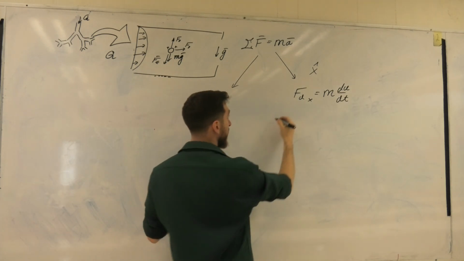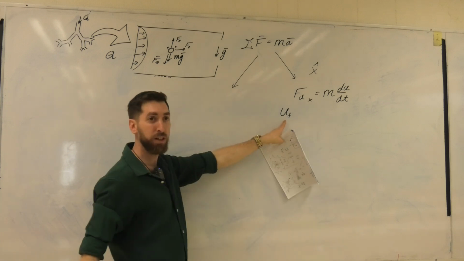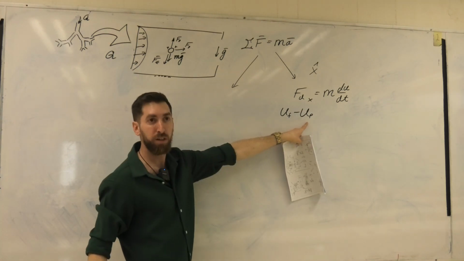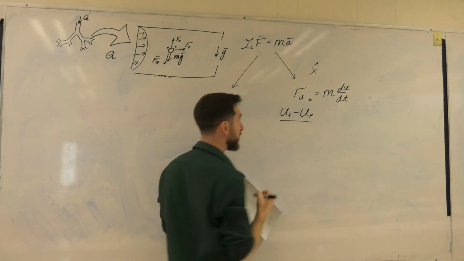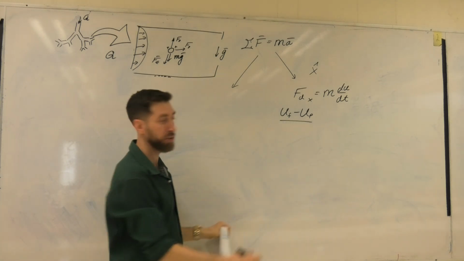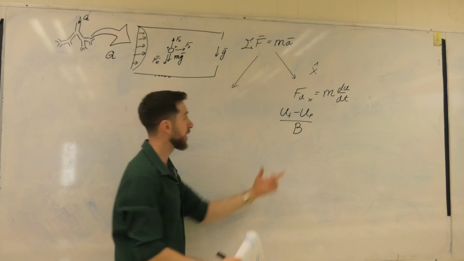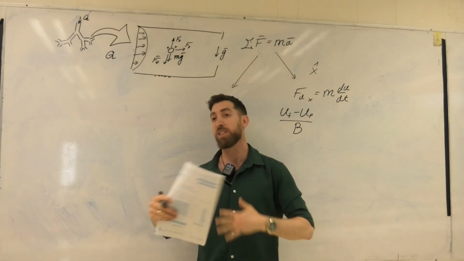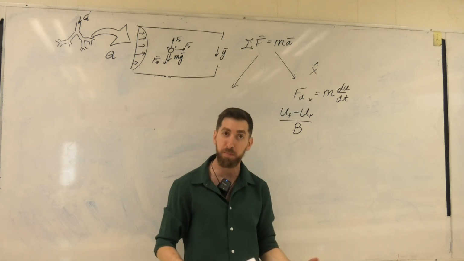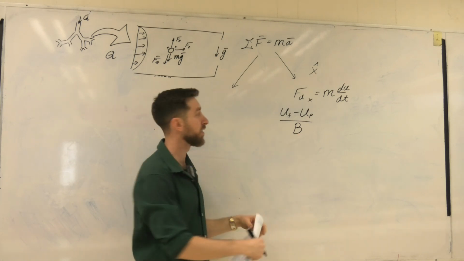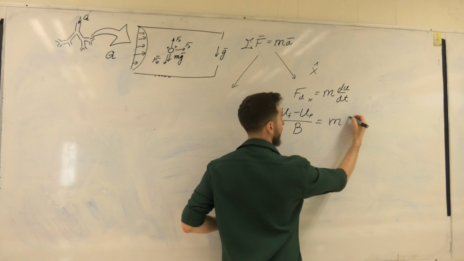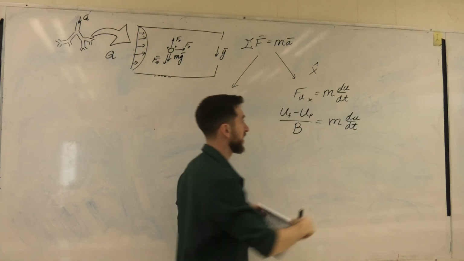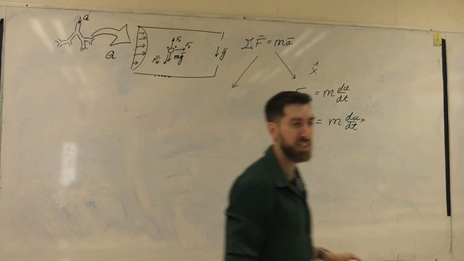Now I answer your question. It's the velocity of the fluid minus the velocity of the particle, divided by, if we assume Stokes drag, the mechanical mobility B, which takes care of which fluid it is, what the size of the particle is, what the shape of the particle is, all this stuff inside B. Here we have m du/dt. And to solve this, for the particle, is a joke.